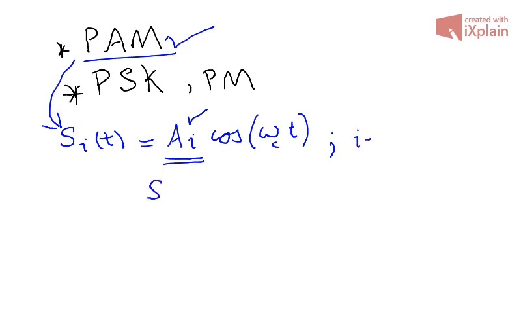You are familiar with this i, that it varies from 1 to M, so it is actually an M-ary modulation scheme.